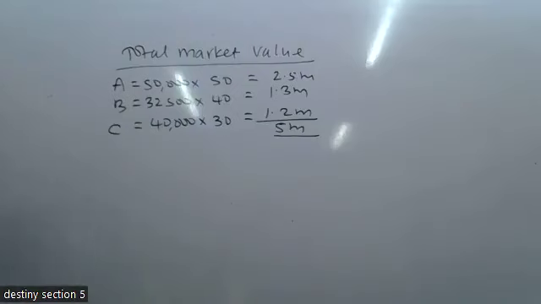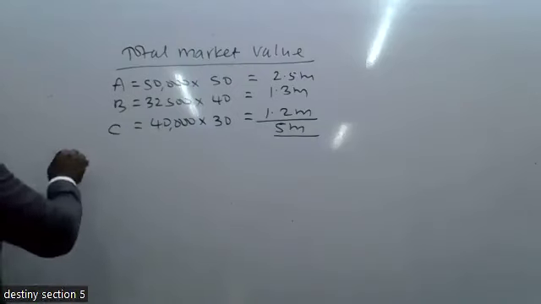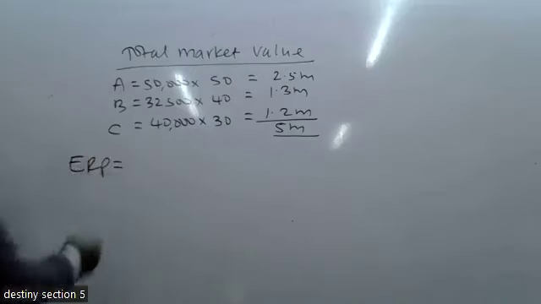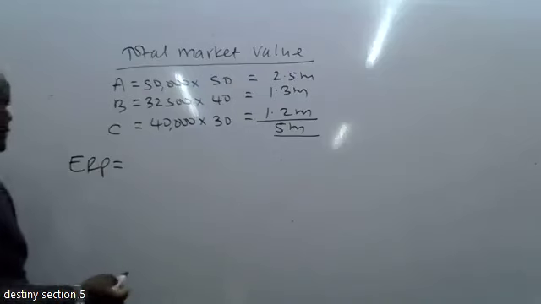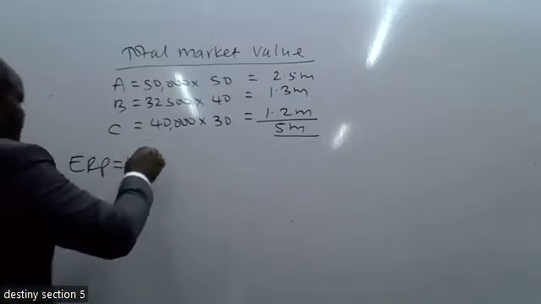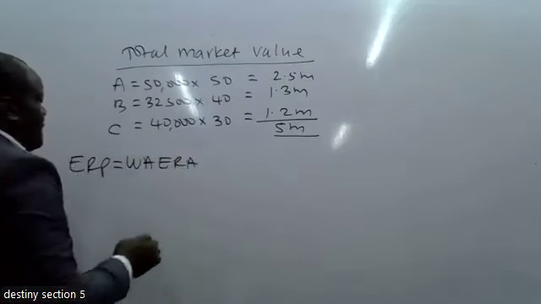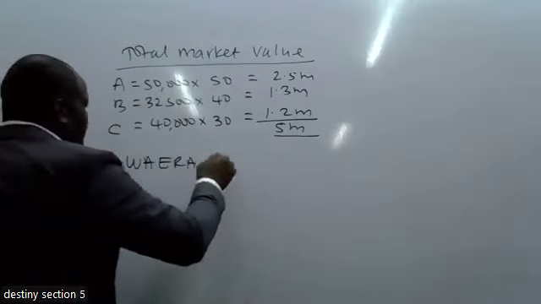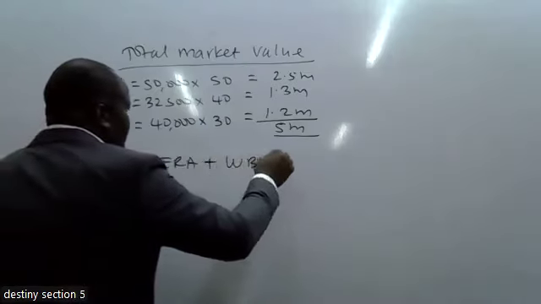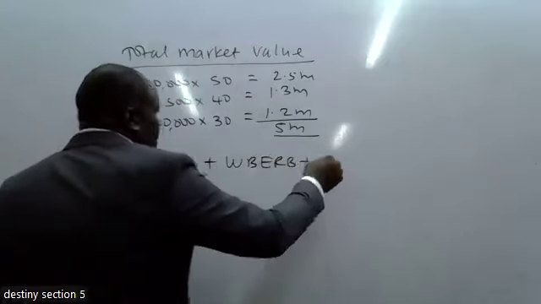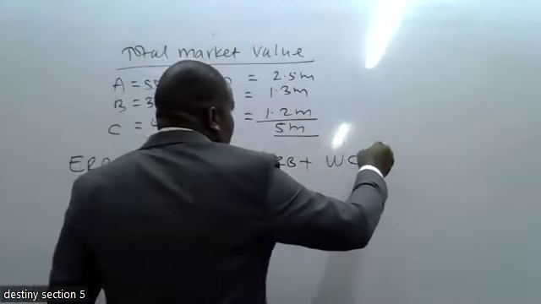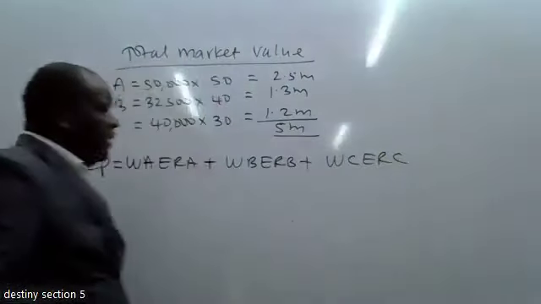So now we calculate the expected return of the portfolio. To get the expected return for the portfolio, we simply take the weight of A multiplied by the expected return for A, then the weight of B and expected return for B, then the weight for C and expected return for C, like that.